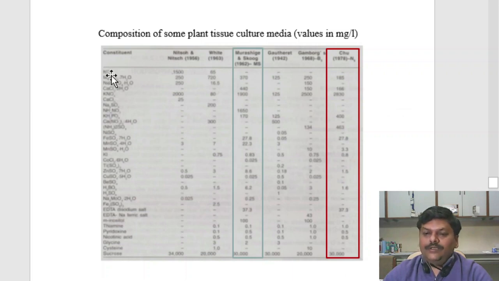You can see that at the top are macro elements, followed by microelements, followed by vitamins and a carbohydrate source. Most of the time we use Murashige and Skoog, one of the most popular media, which has the exact composition as listed in this table. This is one of the most common media which we use.